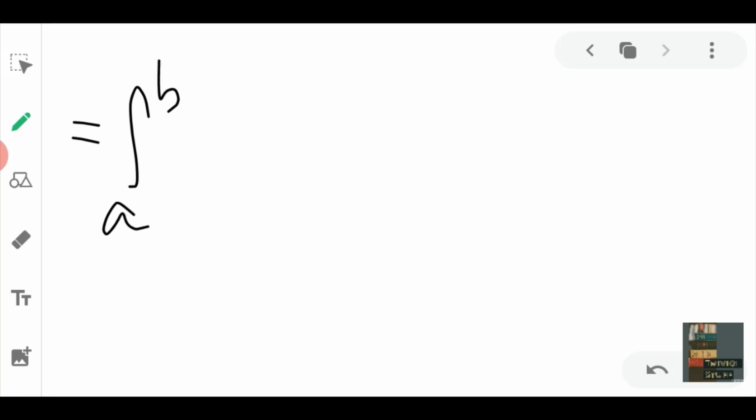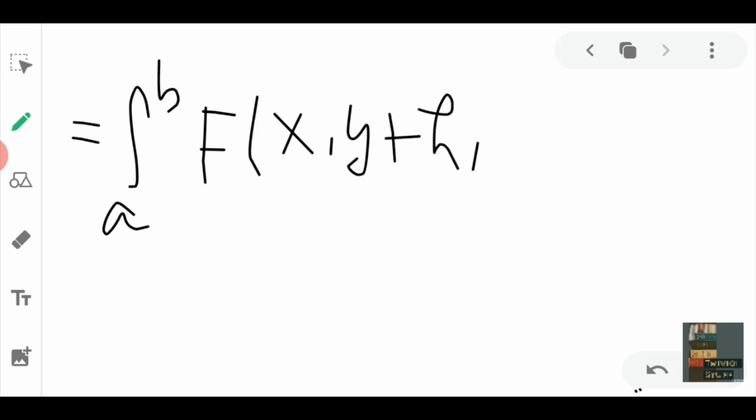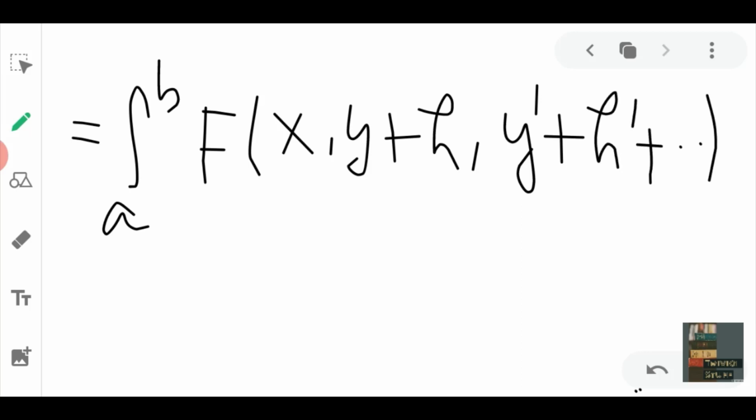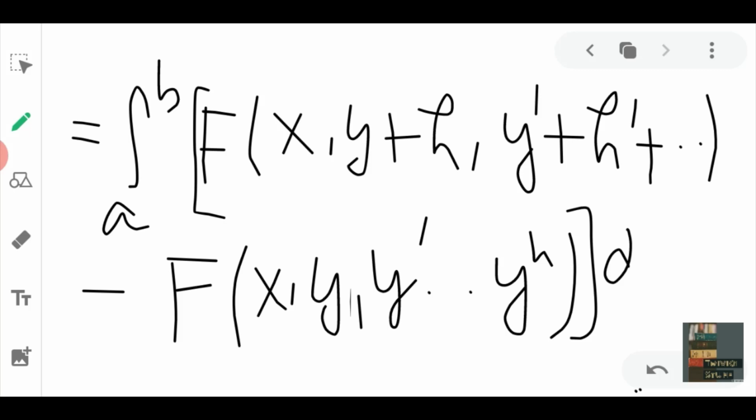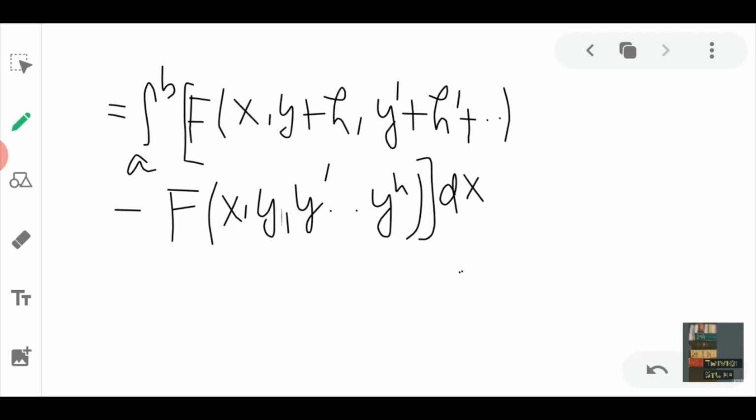First I will write the value of J of y plus h, which is given by F of x, y plus h, y prime plus h prime, and so on, minus F of x, y, y prime, and so on till y^(n), and then dx. So that is our variation in our functional.